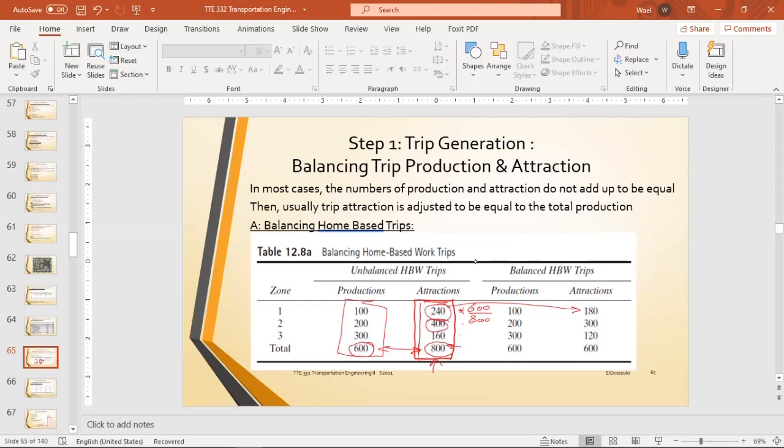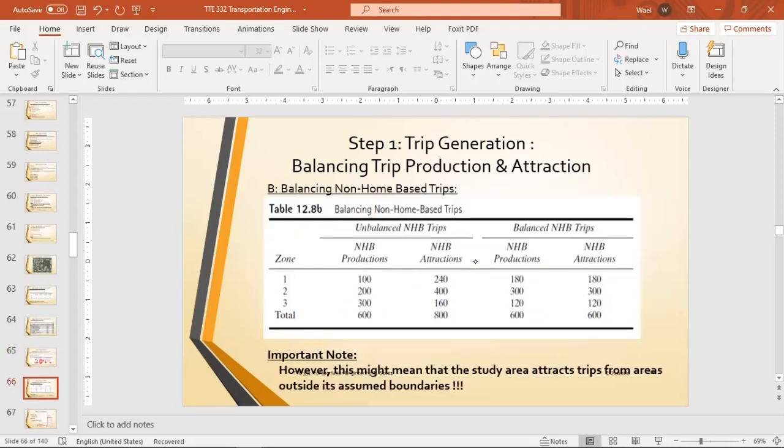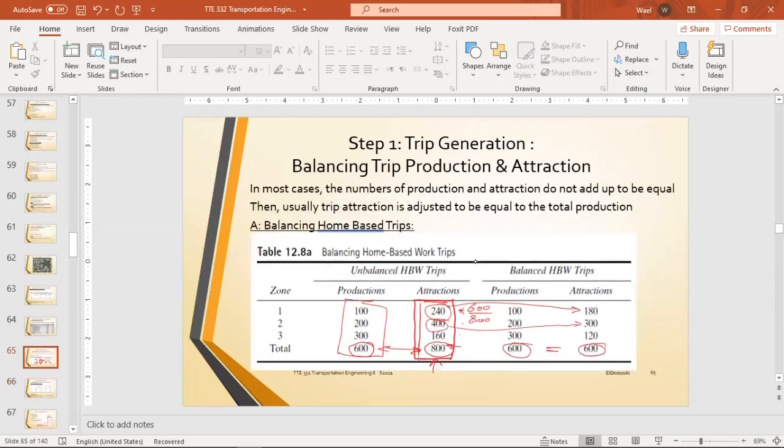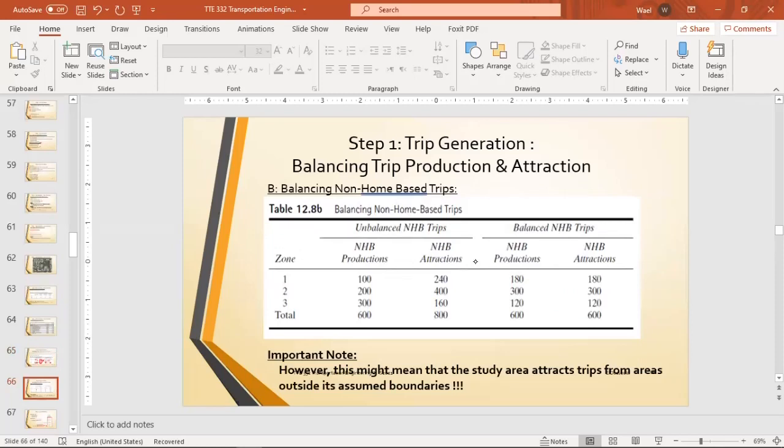This 400 becomes 300. We need to have the total attraction and total production equal, in order for our analysis to be smooth and without problems. Balancing home-based trips, and for balancing non-home-based trips, the same also applies here.